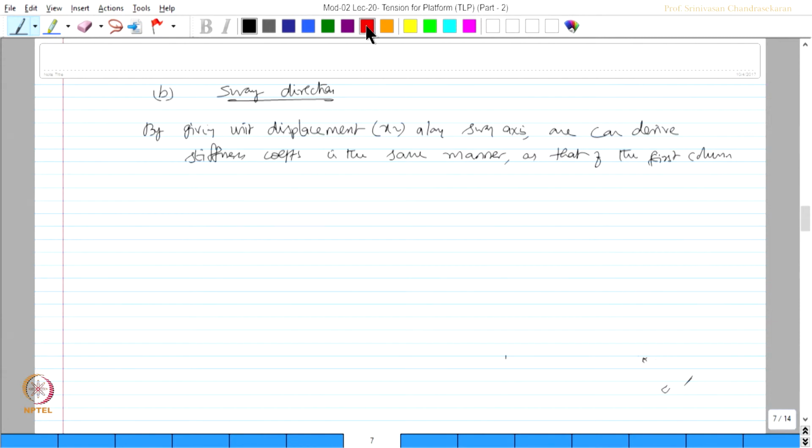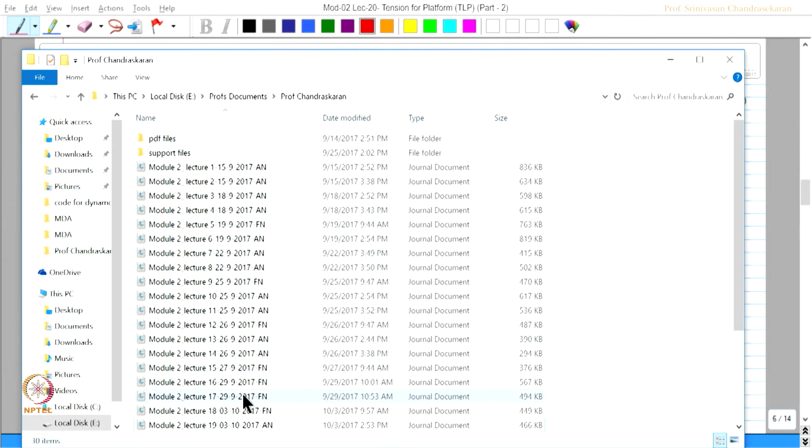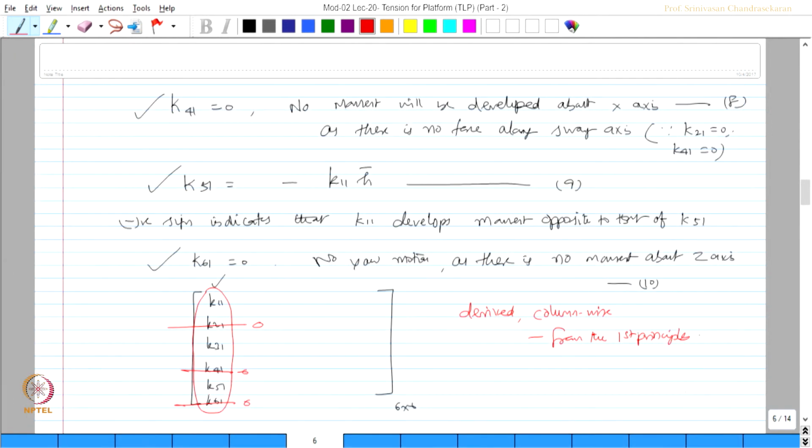But let us keep a very important eye on the non-zero elements, or let us say 0 elements. If you look at the first column, we already said that K21 is 0, K41 is 0 and K61 is 0.